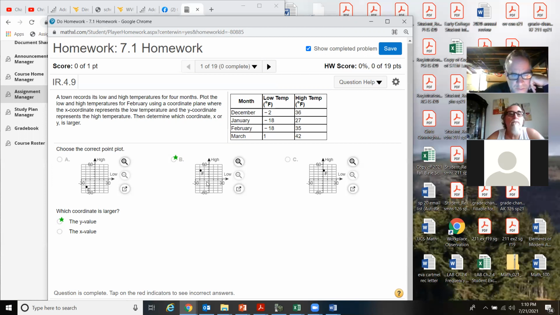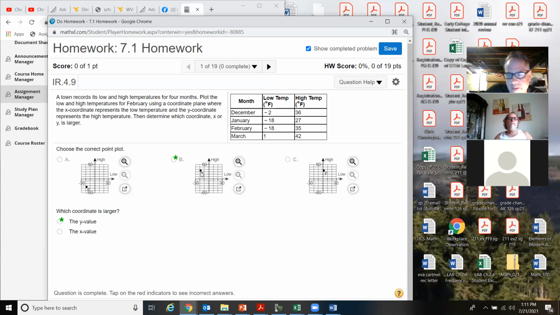Now, when I look at this, I see 30 here, and we can assume that these tick marks on the x-axis are uniform. So if that's 30, then I would go 10, negative 10, negative 20, negative 30. So negative 20 is here.